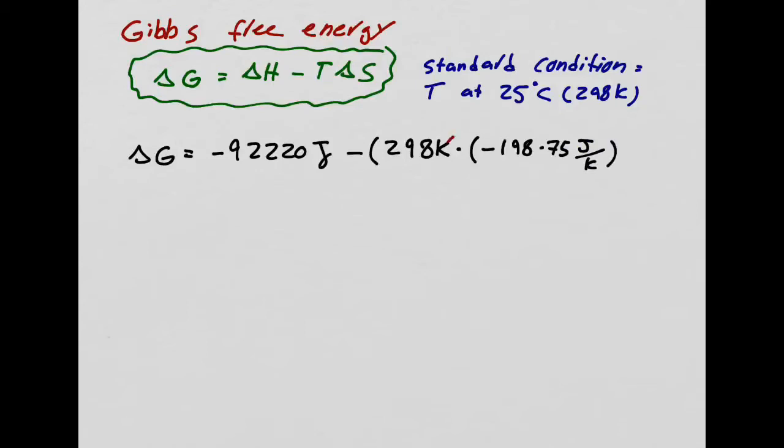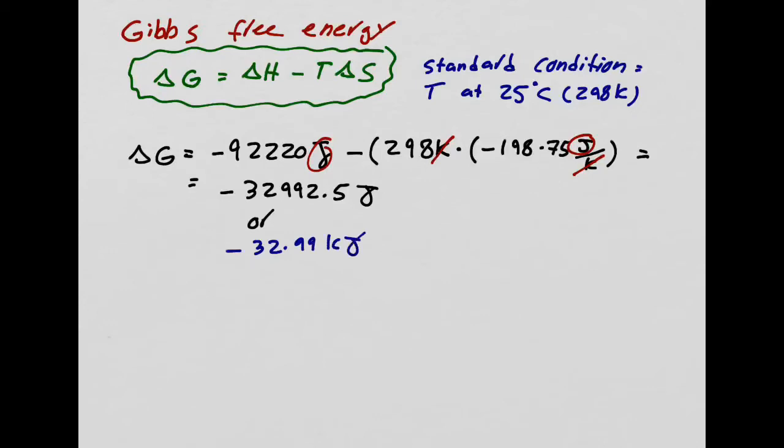The Kelvin cancels out, and I converted that one to joules so they both are joules, because units matter. So what I end up getting is negative 32992.5 joules. Or I can convert it to kilojoules because it's a nicer number: negative 32.99 kilojoules. That is my delta G.